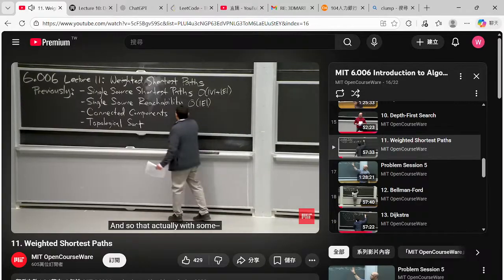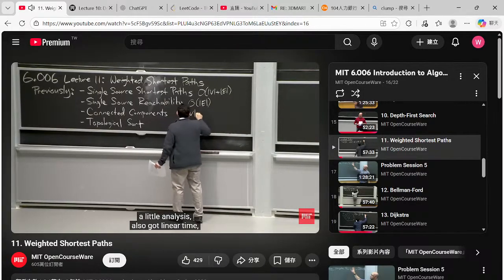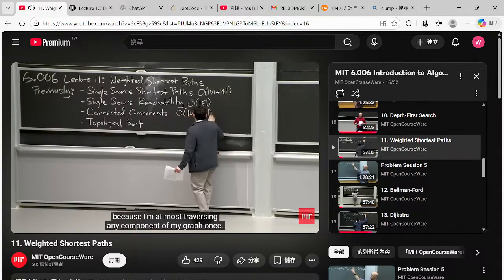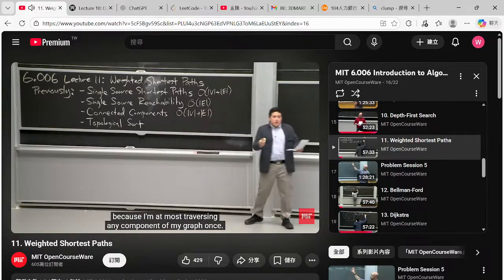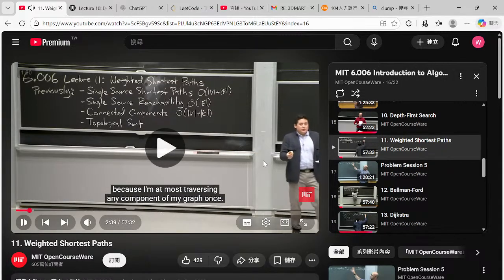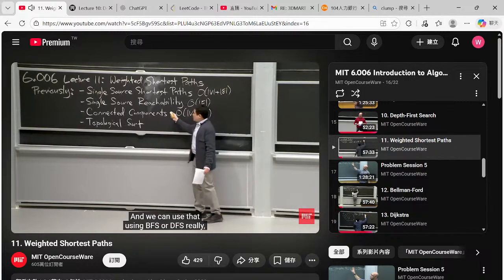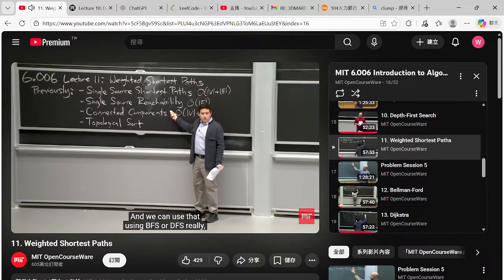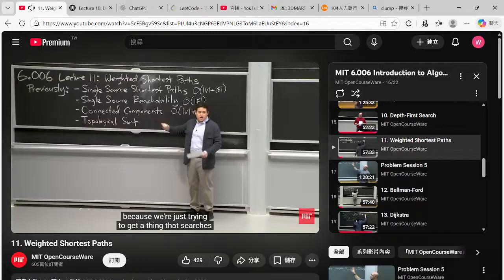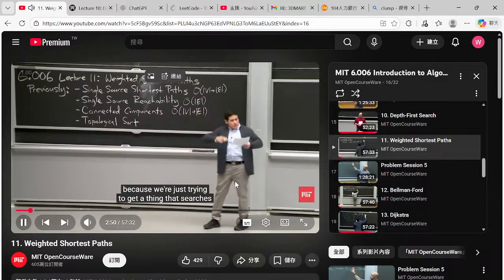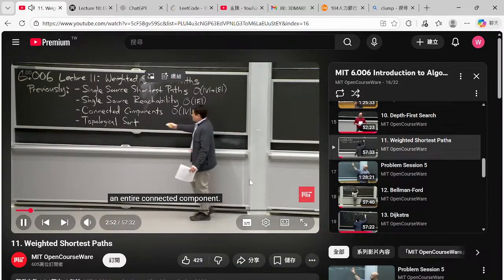And so that actually, with a little analysis, also got linear time because I'm at most traversing any component of my graph once. That's kind of the idea. And we can do that using BFS or DFS, really, because we're just trying to get a thing that searches an entire connected component.